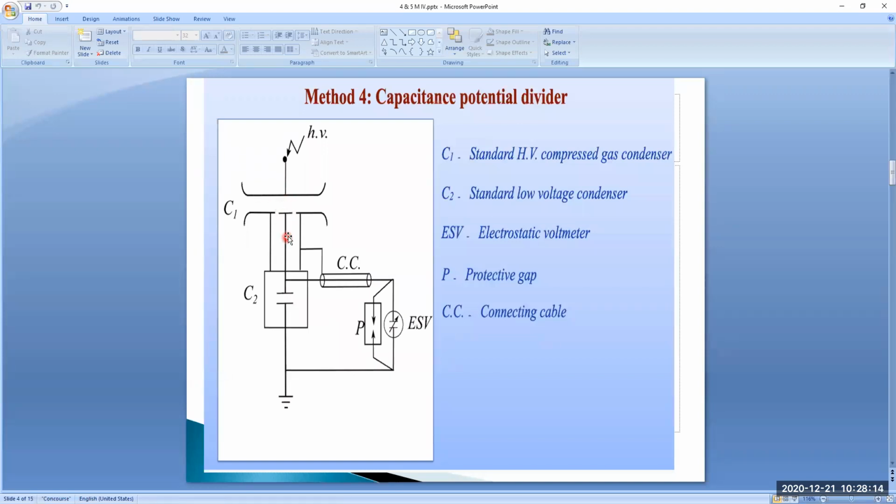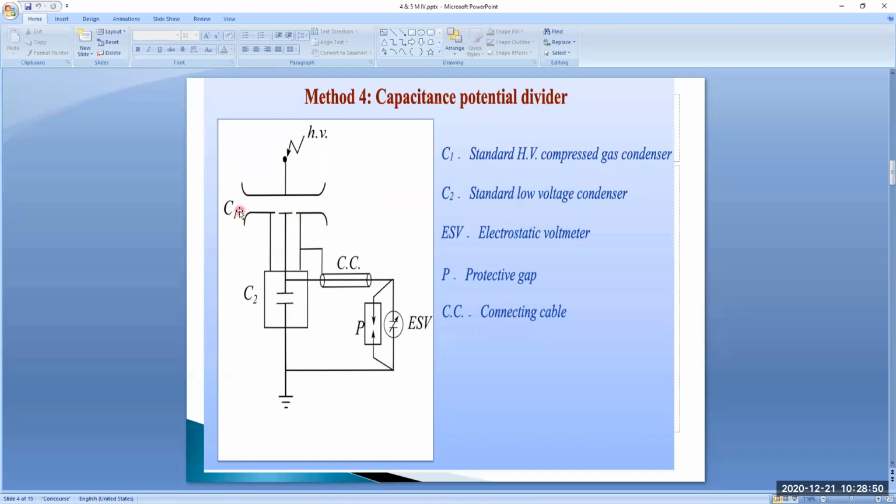By compressing the air or gas in the compressed gas condenser, the capacitance of the capacitor C1 is changed. You know well, according to Paschen's law, by increasing the pressure and changing the distance, we change the dielectric strength of the gas. That means the capacitance of the capacitor can be adjusted by using this movable compressor.